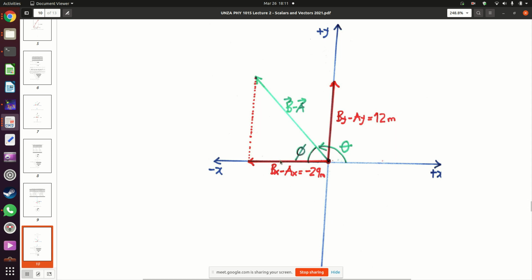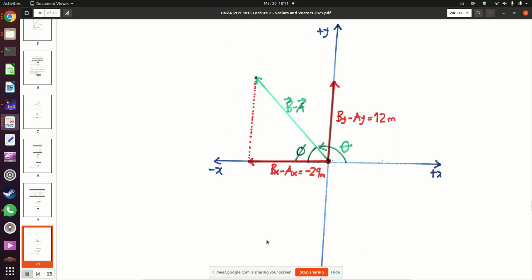This phi angle is always measured from the x-axis. It doesn't matter whether it is the negative x-axis or the positive x-axis, but it is measured from the x-axis. As you can see, the angle inside the triangle phi and theta are not the same, but these two angles are related. They add up to 180 degrees.